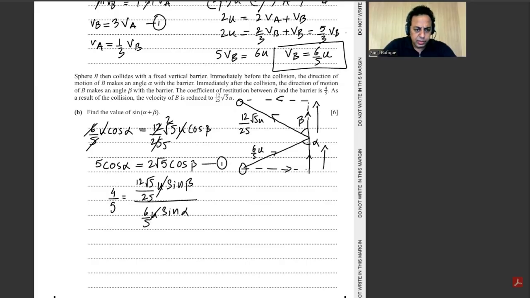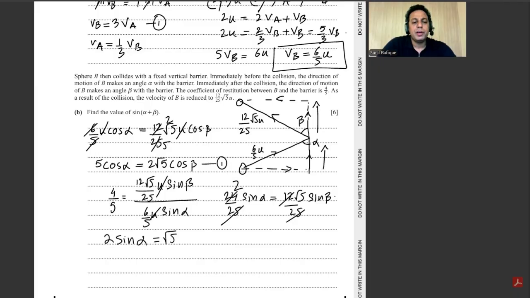I just cross multiplied: 24 over 25 sine alpha equals 12 root 5 over 25 sine of beta. Let's get rid of these 12 twice. So I'm getting 2 sine alpha equals root 5 sine of beta. Okay? So let's call this equation 2.